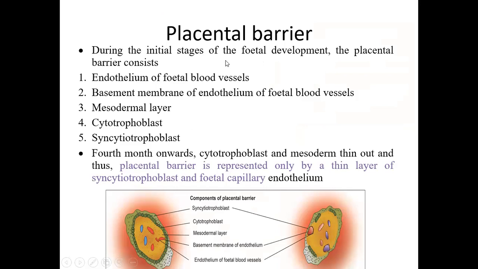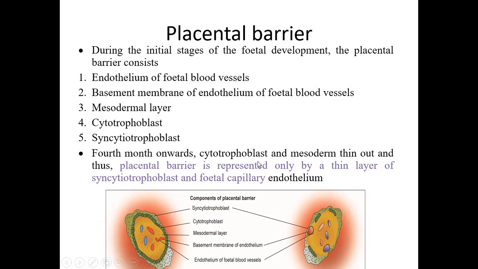So during initial stages of fetal development, the placental barrier consists of endothelium of the fetal blood vessels, basement membrane of the endothelium of the fetal blood vessels, then the mesodermal layer, cytotrophoblast layer, and syncytiotrophoblastic layer. That is only the early placenta. But in a term placenta, the mesodermal layer and cytotrophoblast layer disappear, and the alpha zone is there.